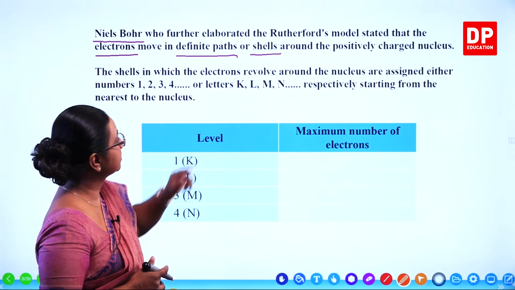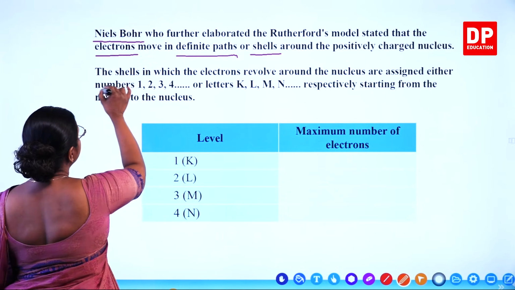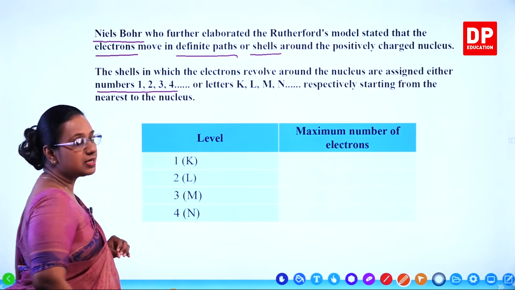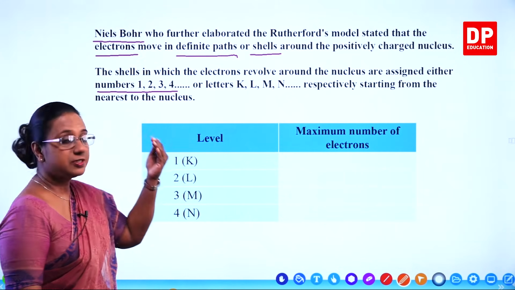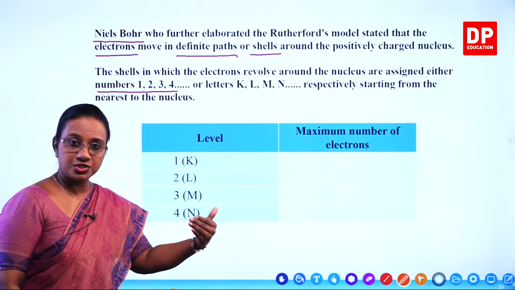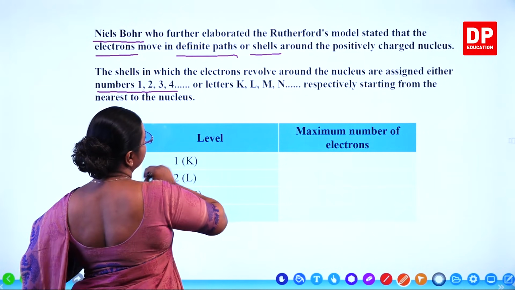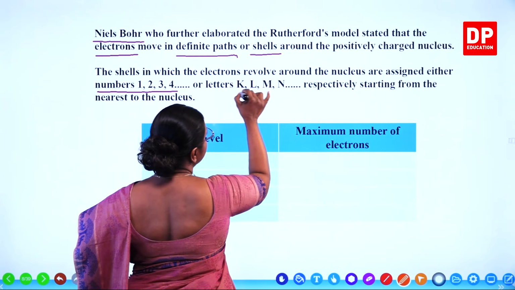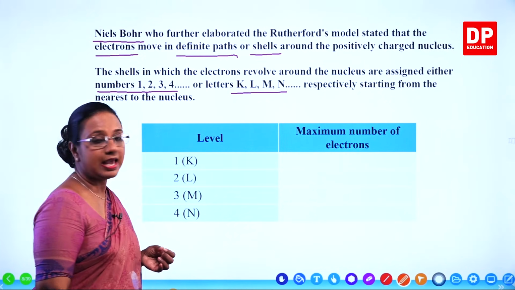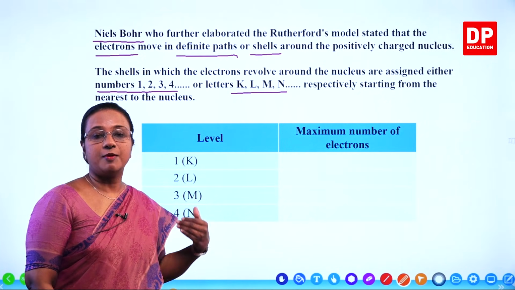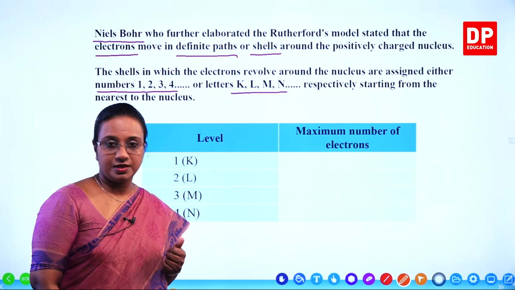And as we discussed before, the energy levels are assigned numbers 1, 2, 3, 4, starting from the one closest to the nucleus and going outwards, or else we give the letters K, L, M, N, again starting from the closest to the nucleus.